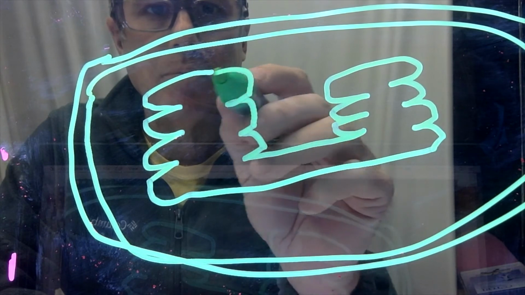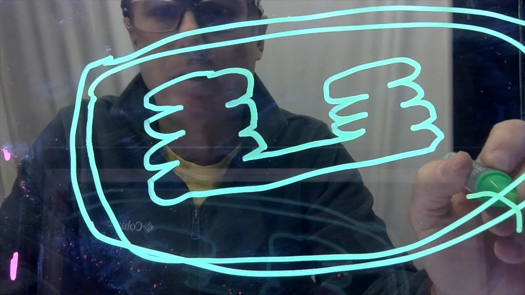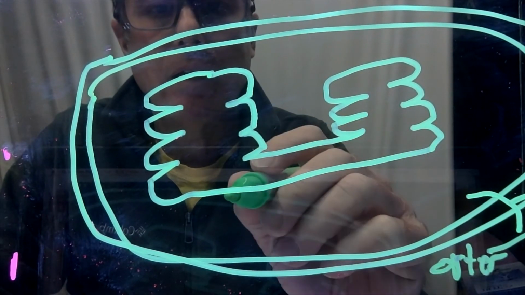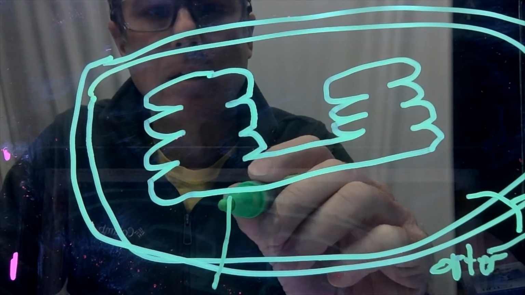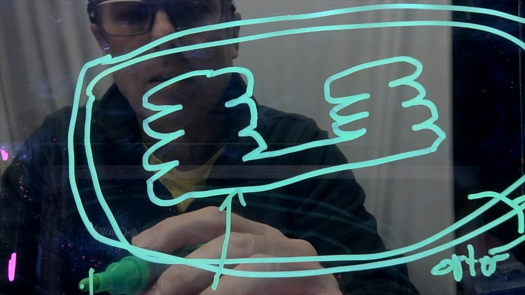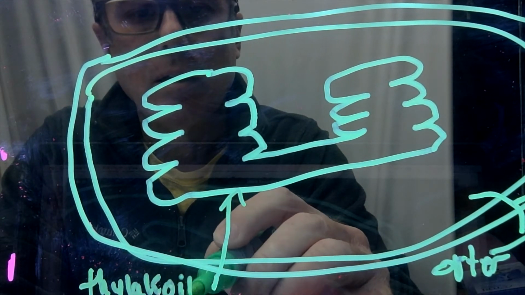Again, 1 line per membrane. Okay, so these are the outer. And this is the thylakoid membrane.